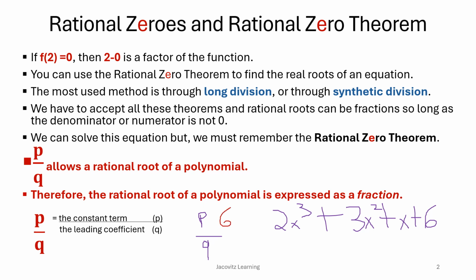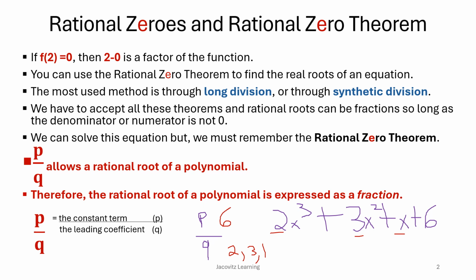It's going to be the constant term, assuming we're not going to factor anything out of here. And your q would be these coefficients here, so those would be 2, 3, and 1. And sometimes, because you're multiplying, they also become the negatives of those: negative 2, 3, 1.